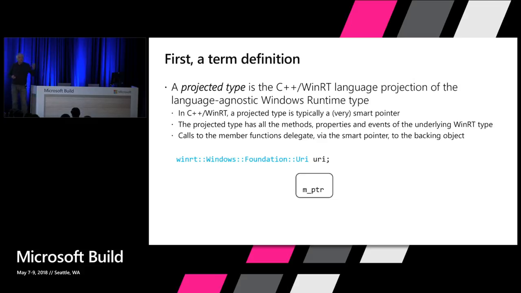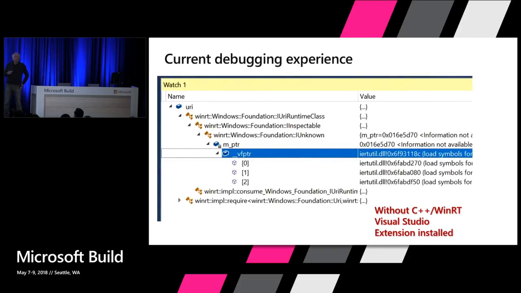As such, it really only has one piece of state, a pointer to the real object. And Visual Studio very kindly shows you exactly what it is. So, wow, it's got a field called m_ptr, and it points to an IUnknown vtable. And there are its addresses, as if you really wanted to know that.